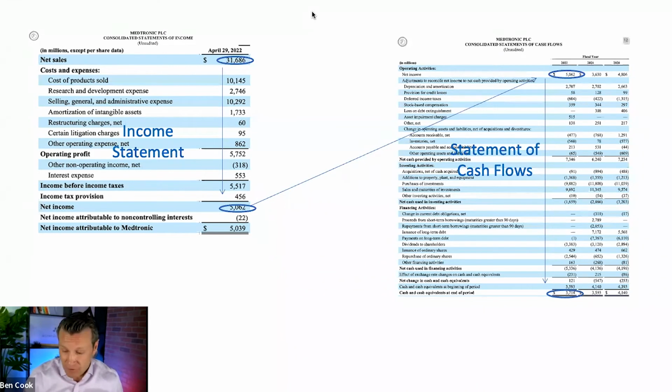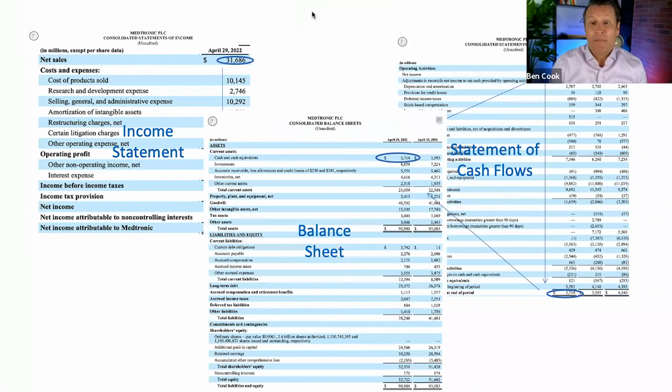That's where the statement of cash flows ends, which is where the balance sheet actually starts. It starts with how much cash a company has. And it walks through all of the assets that Medtronic has, starting with the most liquid assets down to the least. So it walks through from cash to investments to things like inventories and receivables, and it walks through all of its assets.